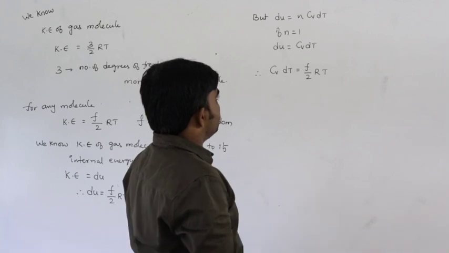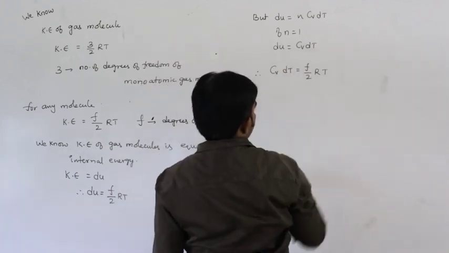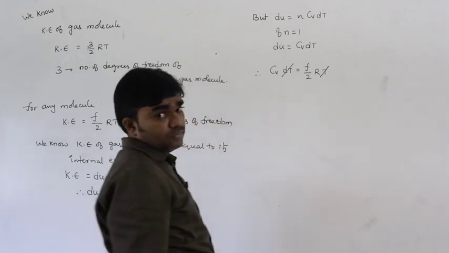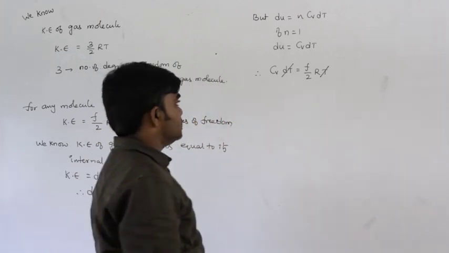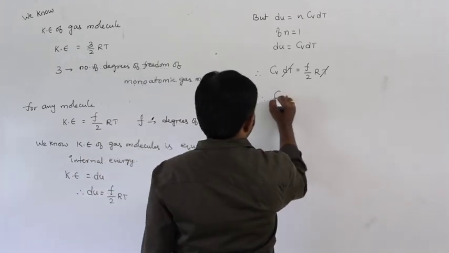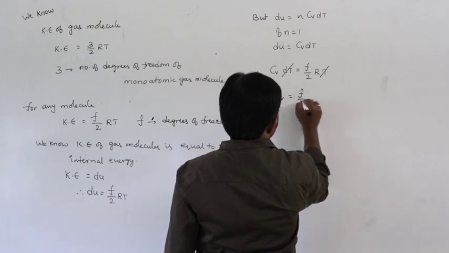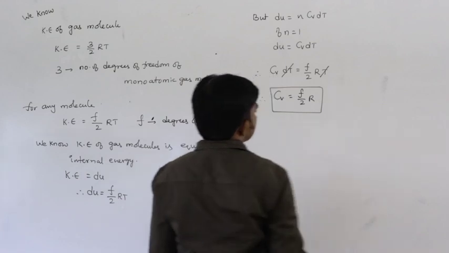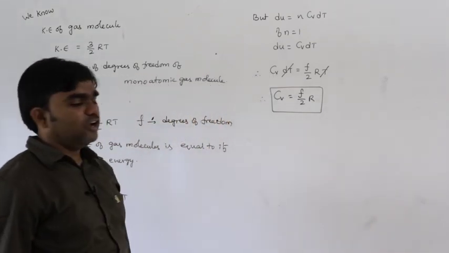If n is equal to 1, dU is equal to Cv dT. So Cv dT is equal to F by 2 RT. The temperature cancels on both sides. Therefore, we can write Cv is equal to F by 2 R.